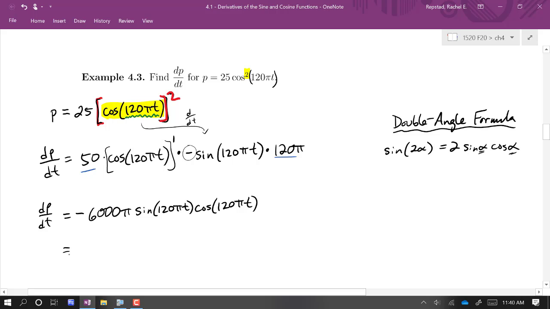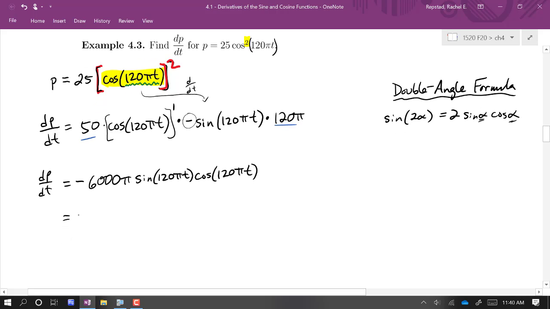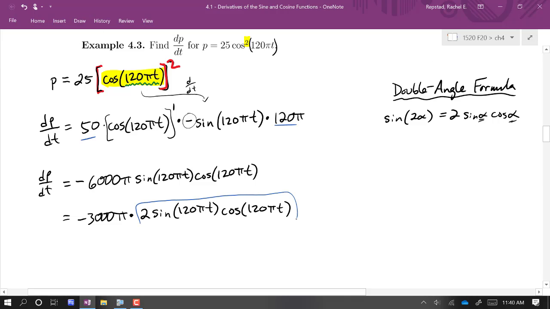I'm going to do one step in between. I'm going to rewrite this derivative we have as a minus 3,000 pi times, I'm basically just peeling off a factor of 2, sine 120 pi t cosine 120 pi t. And I can rewrite this using the double angle formula.